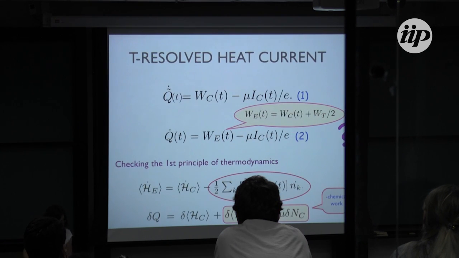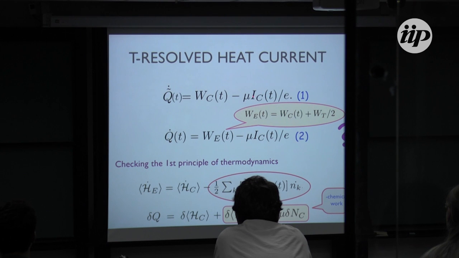But now the question comes of how to define the heat current as a function of time. For electrons, usually, and also in DC regimes, we define the heat flux as the energy flux into the reservoir minus this convective term, which is mu times the charge current.